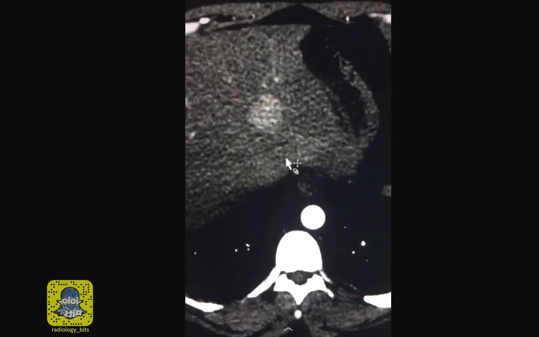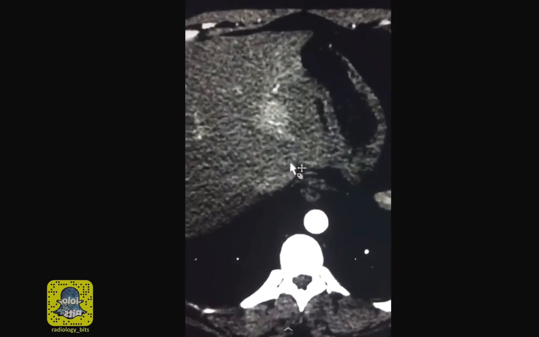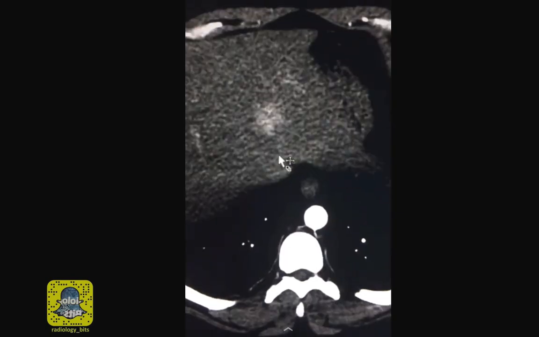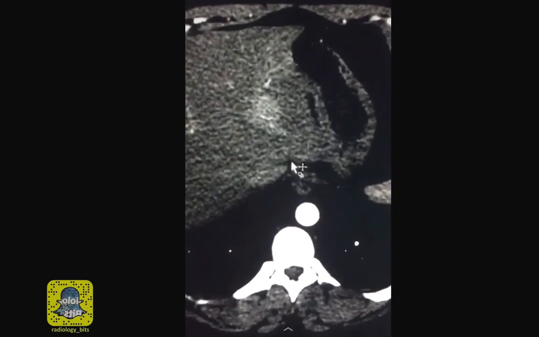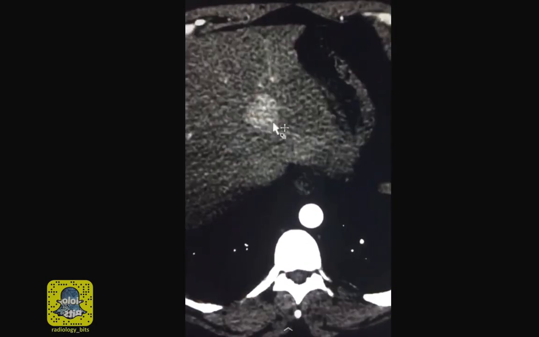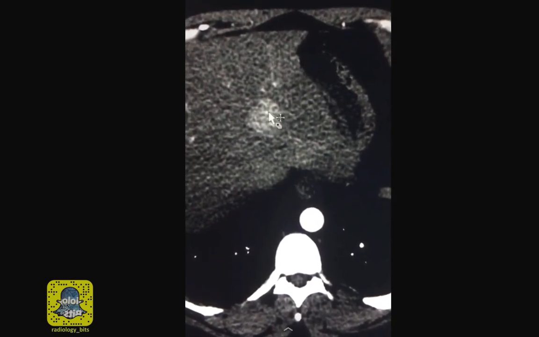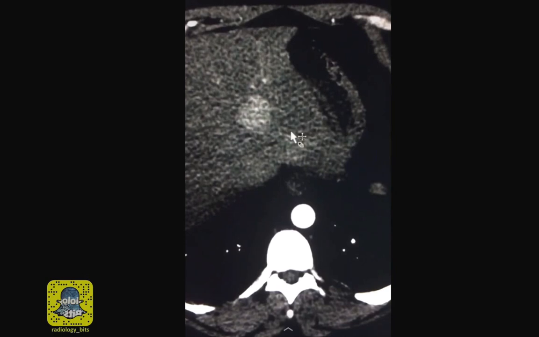Adenomas are usually seen in females, and typically females on oral contraceptives. They may be seen in males on anabolic steroids or patients with glycogen storage disease. Given the large and heterogeneous appearance, you'd likely see them on other phases. So all of that was absent here, and this is not a hepatic adenoma.